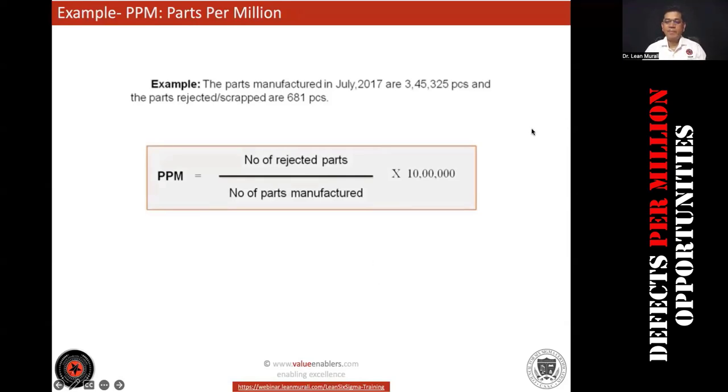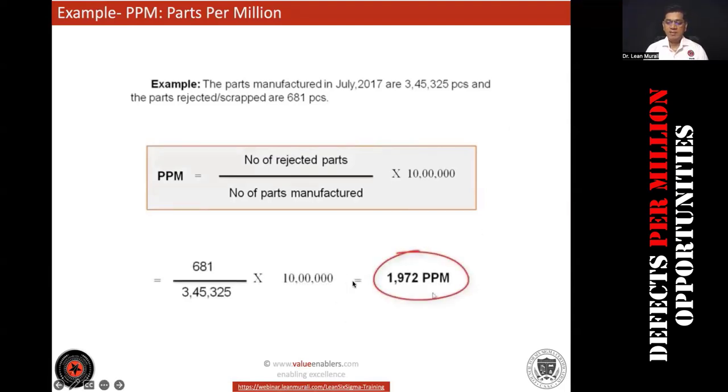This is not defects, this is defectives, the rejected parts. Percentage of parts is times 100, and parts per million is times 10 power 6. So 1972 is the PPM.